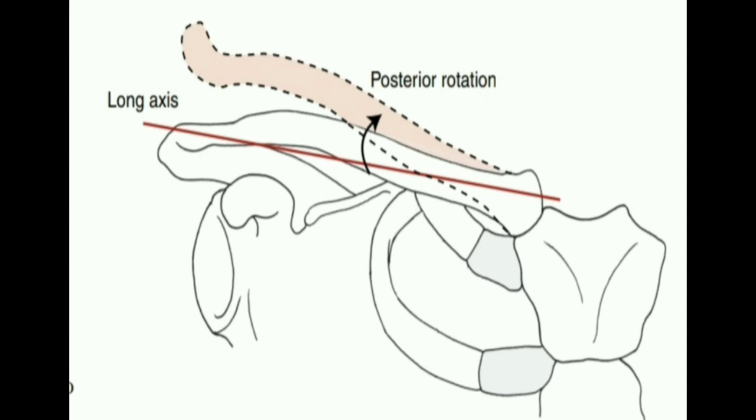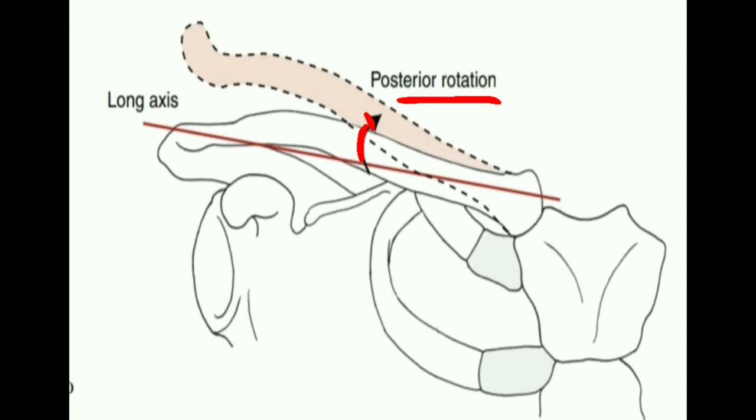So here you can see in this figure that the clavicle is posteriorly rotated. The inferior part of the clavicle is coming anteriorly.